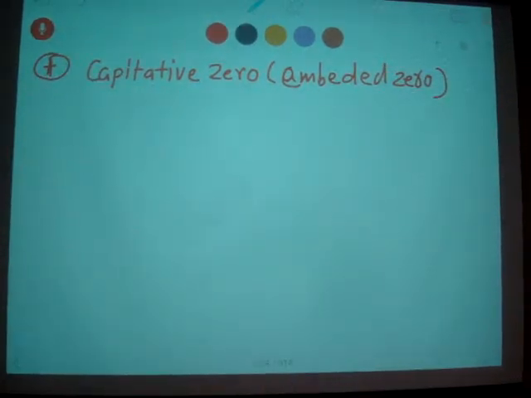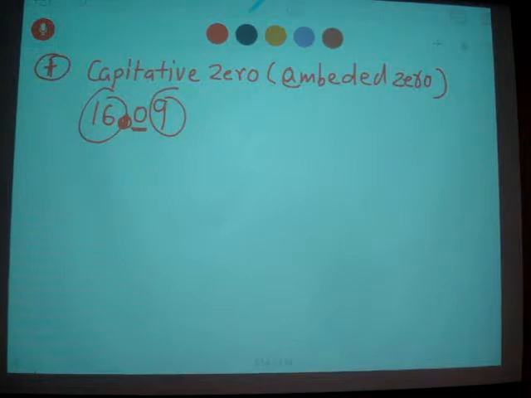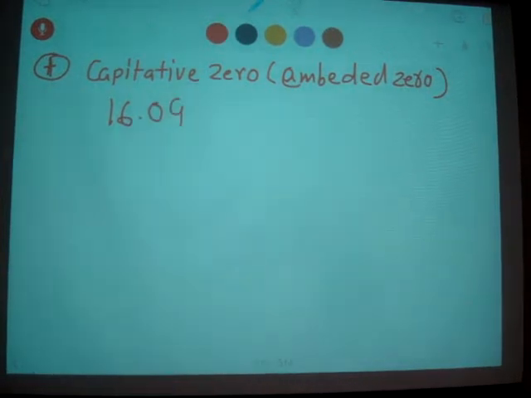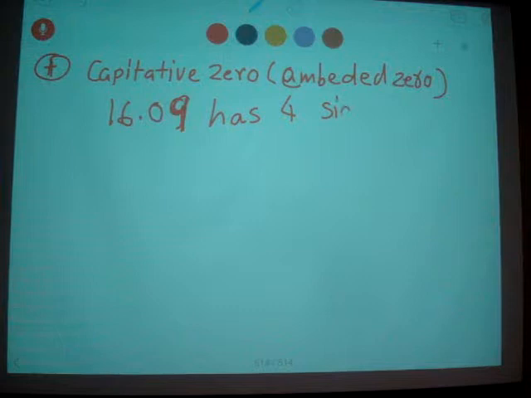So for example, let's say 16.09. This zero is between these 2 numbers, right? So that's called captive zero. In that case, we count all numbers. This is a decimal point. In that case, we can say this number has 4 sig figs.